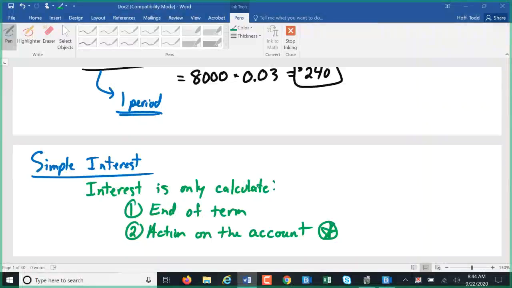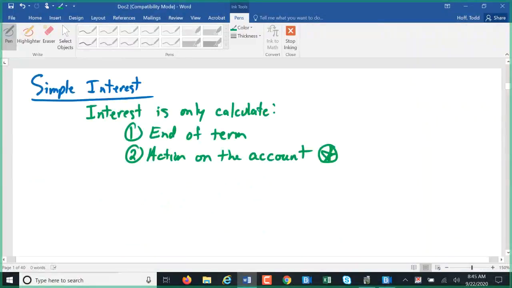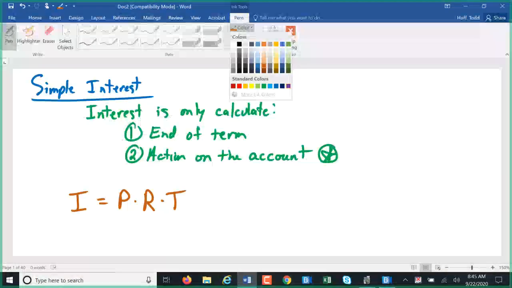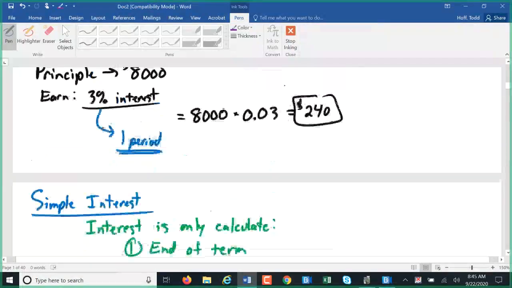So let's look at that formula for simple interest that accounts for the time frame. That formula is the amount of interest, I, equals the principal, times the rate, times the time. So what we did up above here was just the principal times the rate. We were assuming that the time period worked out.